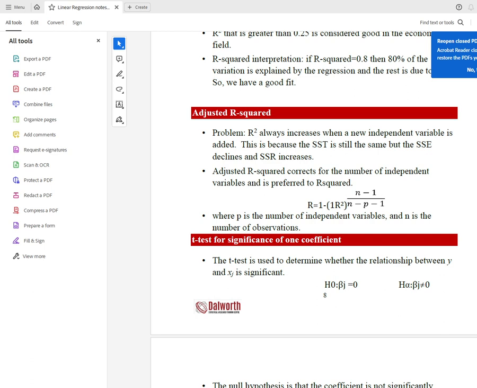But that is if you're dealing with a multiple linear regression, that means you have more than one independent variable. If you only have one independent variable, then your p-value for the F-test will also be the same for the t-test, so it will not make sense. Basically, whatever you find in your F-test will be the same as what you have in your t-test.